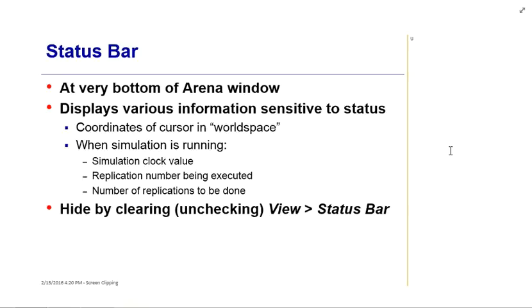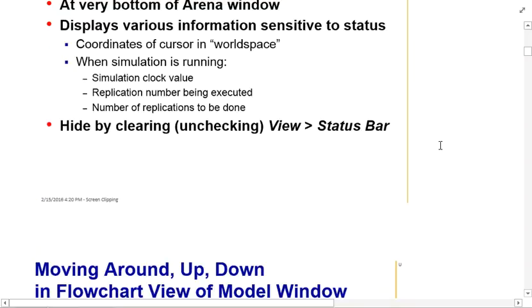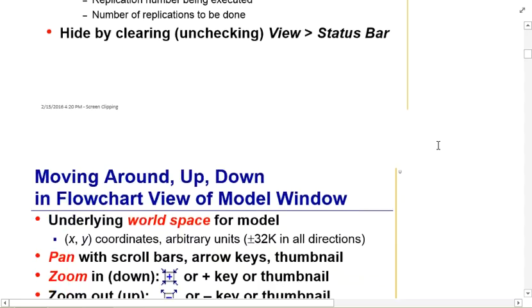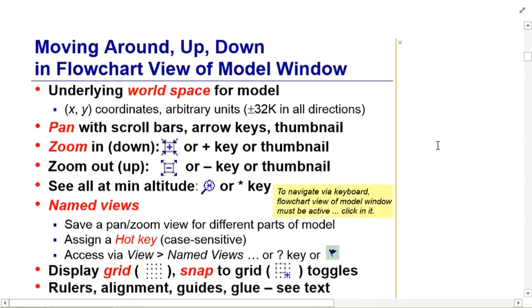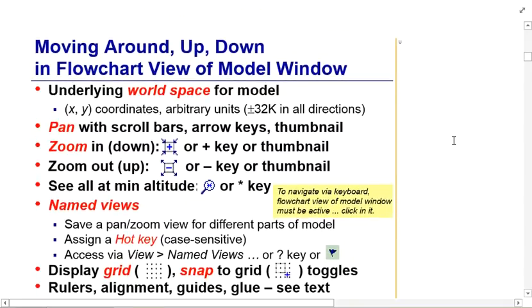The number of replications that have been executed, in other words, how many entities have passed through the system, is useful. And again, we set that normally when we initiate a simulation. The key point there is that you have sufficient replications to be statistically valid in the simulation of the model.